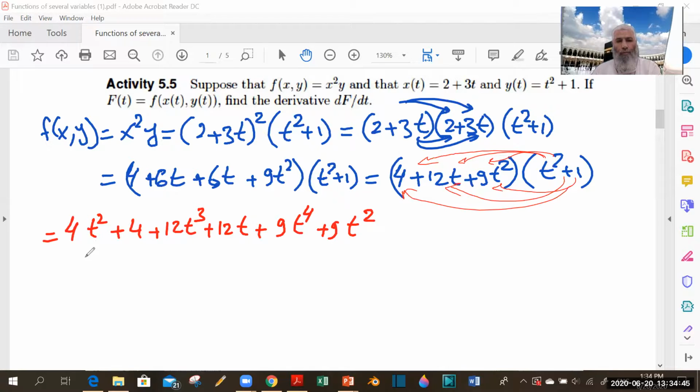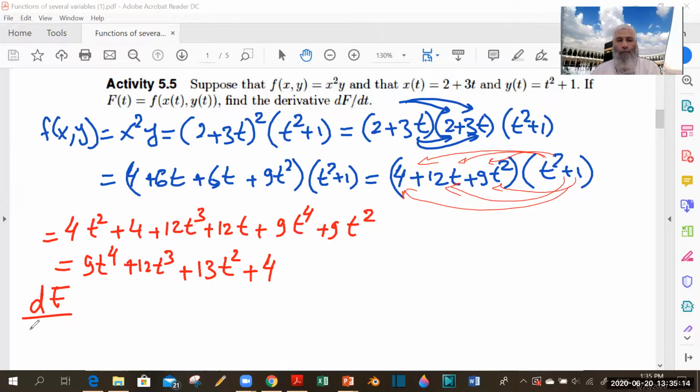So we can add: we have 9t to the power 4 and 12t cubed, and this is 13t squared, and this is just 4.